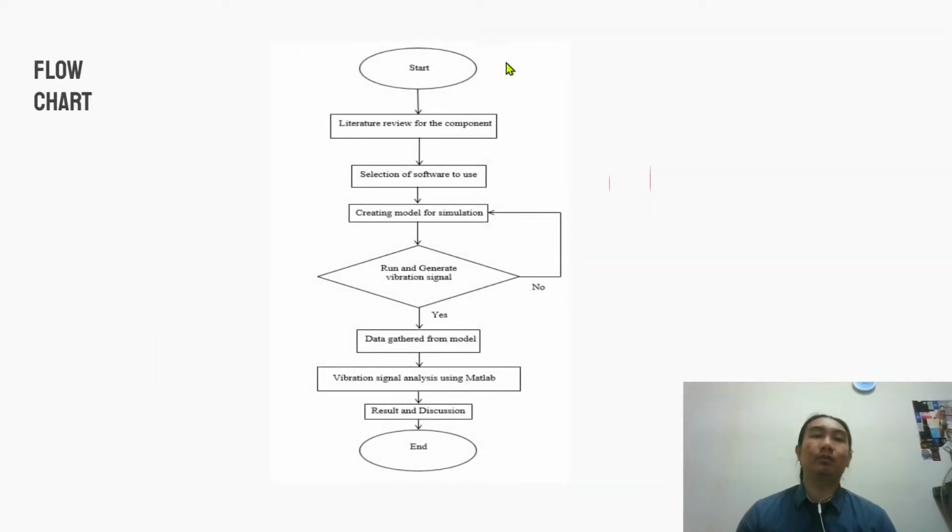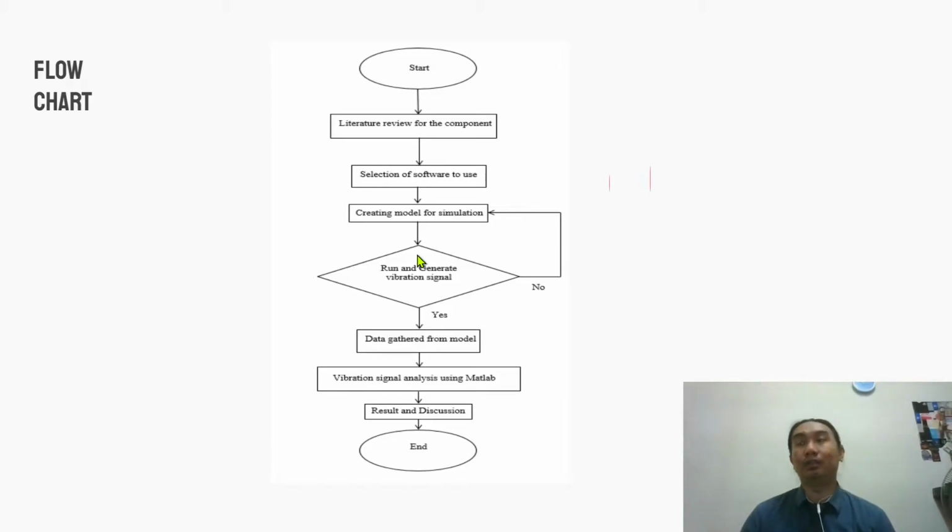As for the flowchart, we start and then we go to the literature review for the component. We move on to the selection of the software to use, which is MATLAB, and then we create the experiment setup, and then we run and generate the vibration signal.